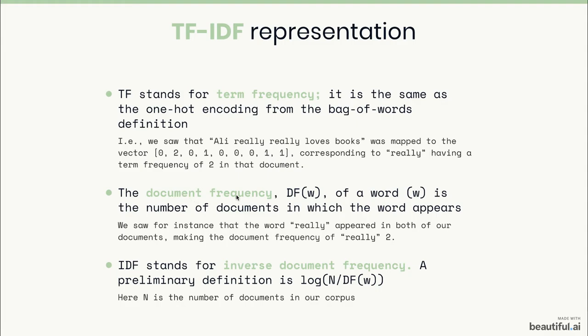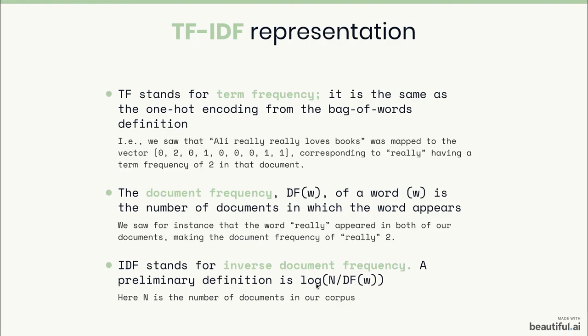We want there to be an inverse relation between the document frequency and the weight that we associate to a word. The lower the document frequency is, the higher weight or the more important it should get. So this is why we're not interested in the document frequency, we're interested in the inverse document frequency.